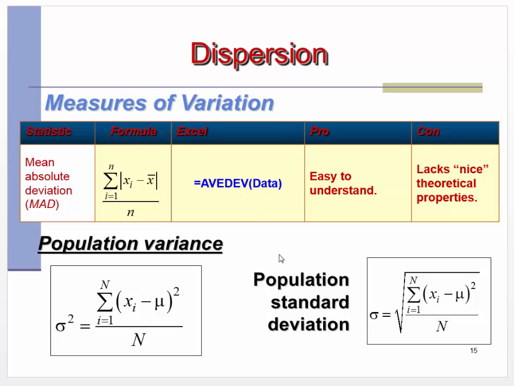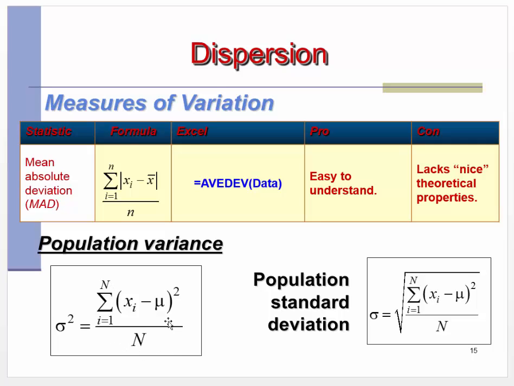And for population, what we just talked about was for samples, right? For population, we use sigma squared for variance. This little sigma squared, the population variance, is the sum of (xi minus mu), where mu is the mean of the population, squared, divided by capital N, the number of observations in the population.